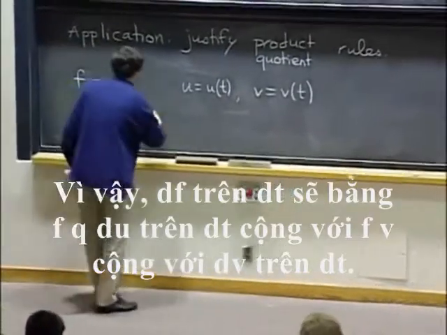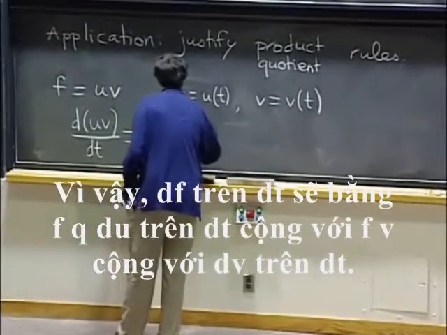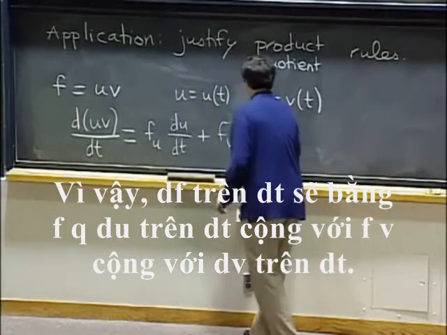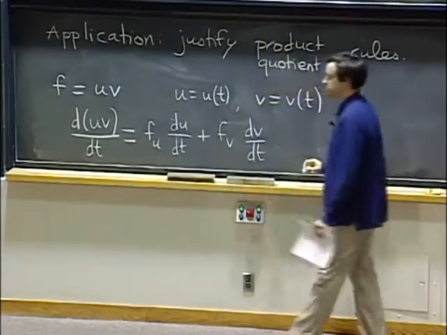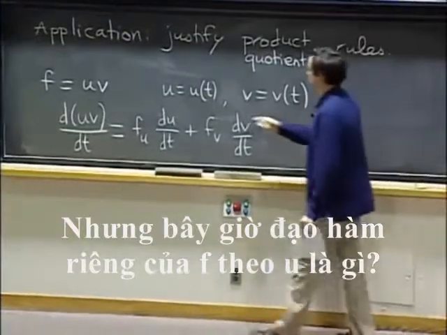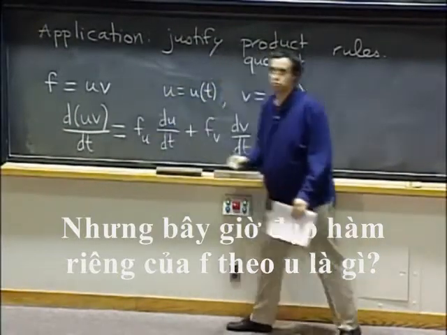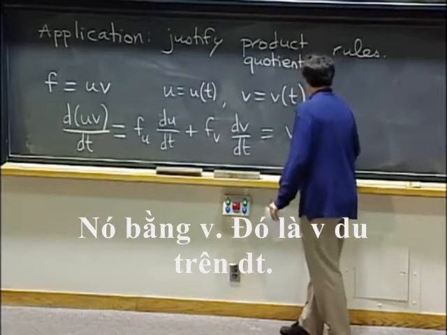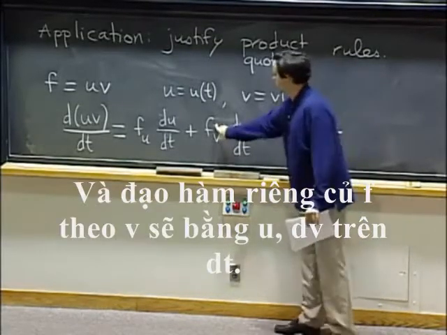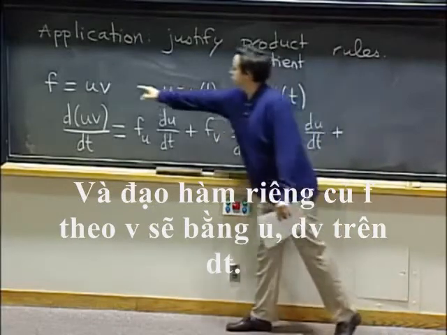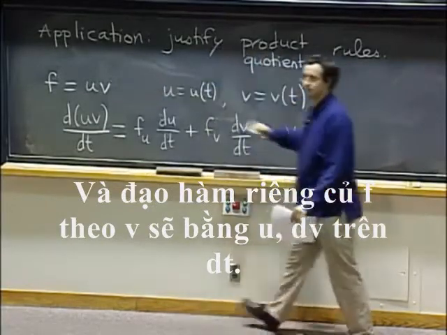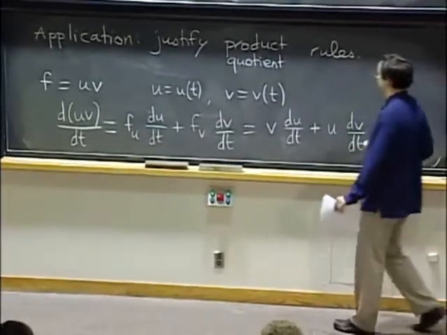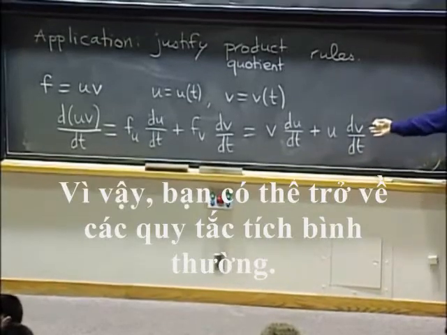So df dt should be f sub u du dt plus f sub v times dv dt. Right? But now, what is the partial of f with respect to u? It's v. So that's v du dt. And partial of f with respect to v is going to be just u. So you get back the usual product rule.